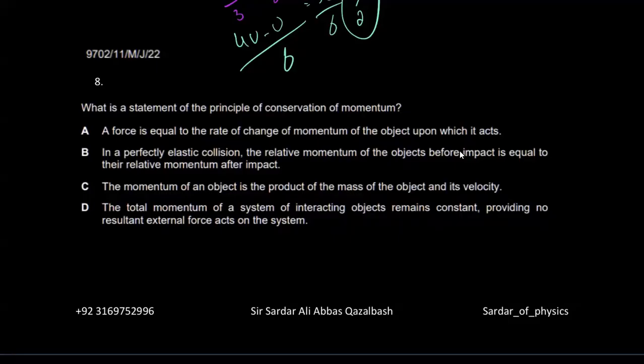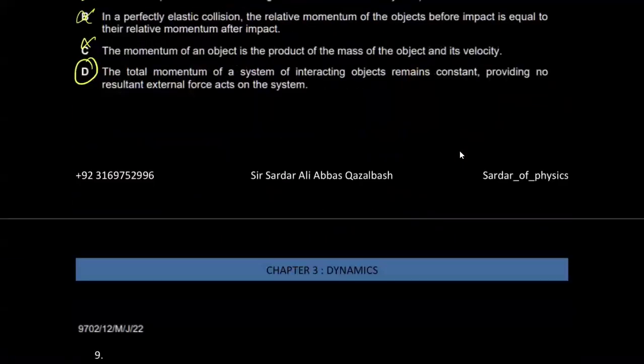The answer is D. Guys, B is not the answer. That's not a statement of the principle of conservation of momentum. The statement is the total momentum of a system of interacting objects remains constant, providing no resultant external force acts on the system.